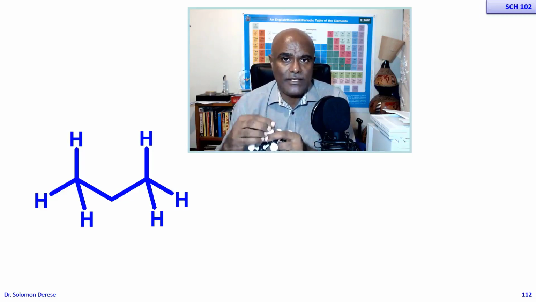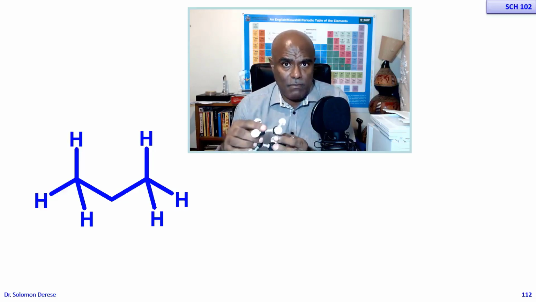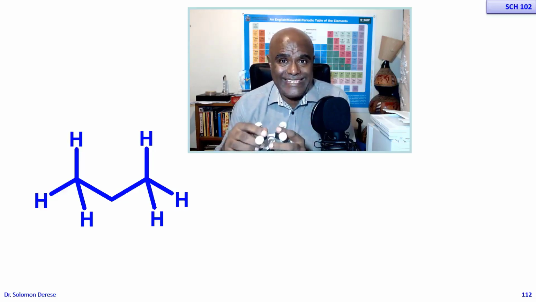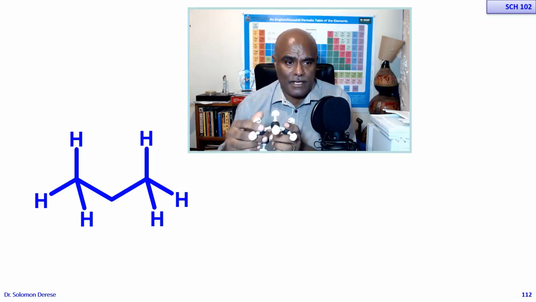Then, as we shall see, the other reason why cycloalkanes adopt different conformations is to have their bond angle at the ideal 109.5 degrees of sp3 hybridized carbons.